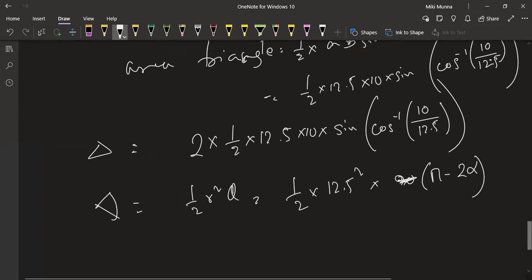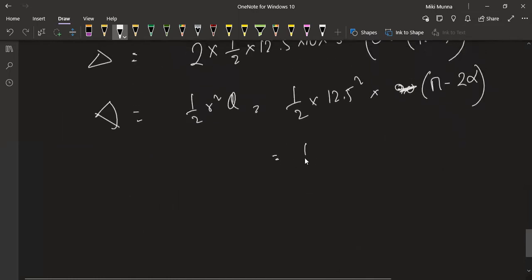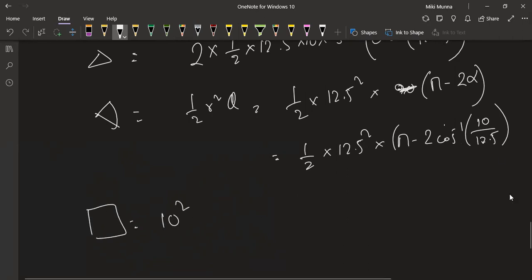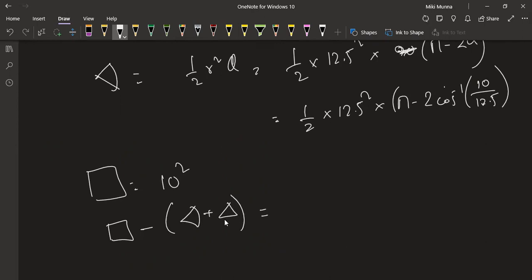The sector area is half times 12.5 square into pi over 4 minus 2 times cos inverse of 10 divided by 12.5. Now we also need the area of the square, which is 10 square. Subtracting all of them, area of square minus sector area plus triangular area. We have a circular part here, which is the arc, and this triangle.